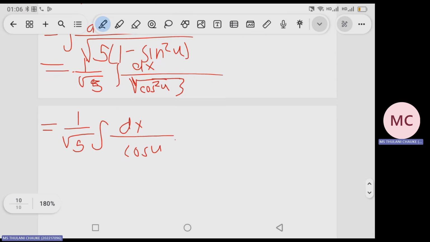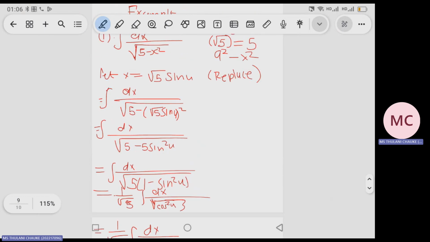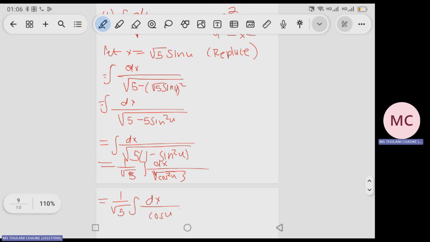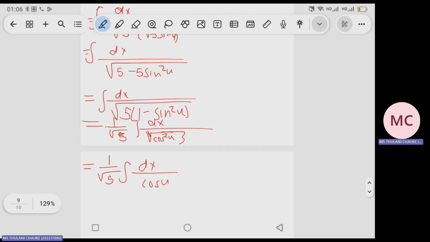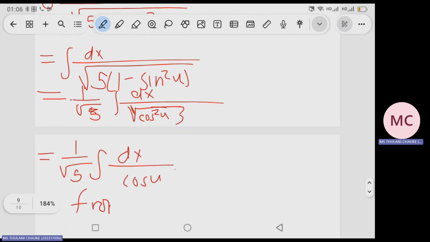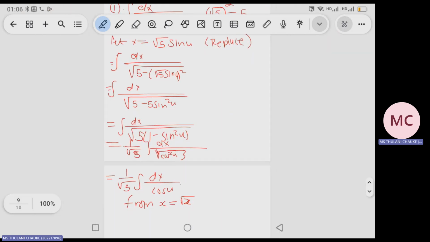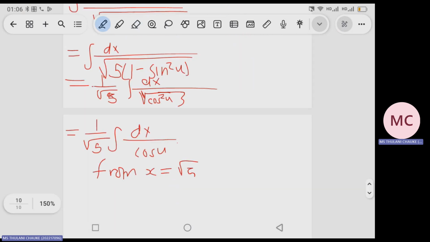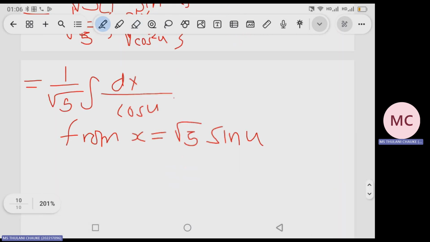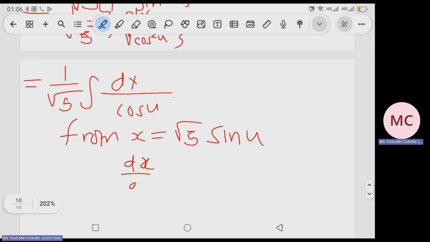Then we know that we'll have to replace the dx, right? From the fact that we let our x be equal to the root of 5 sine of u, I can come here and say dx over du will be equal to what?